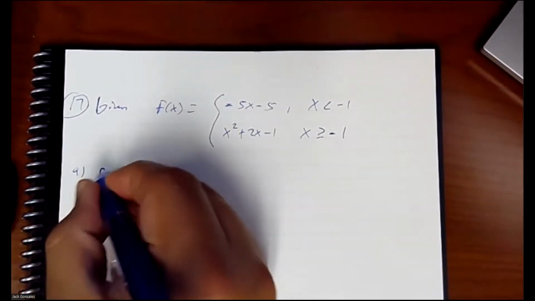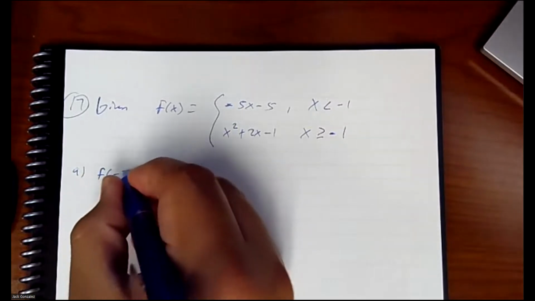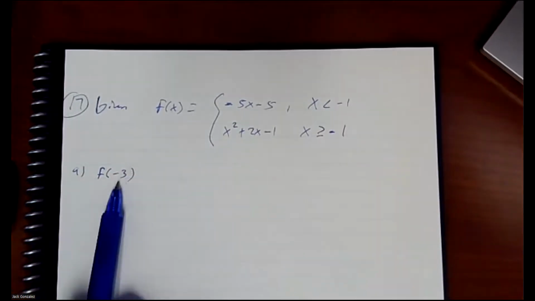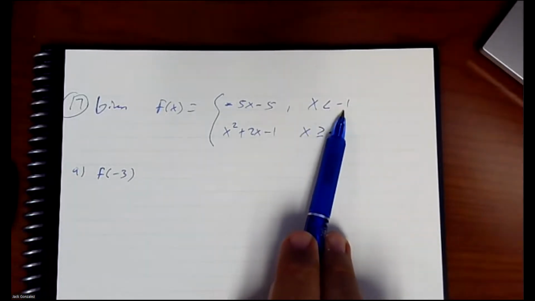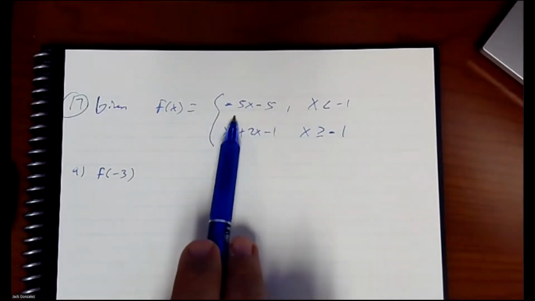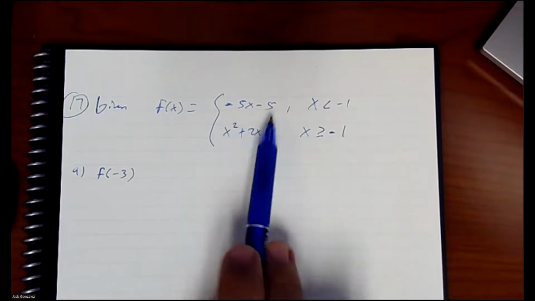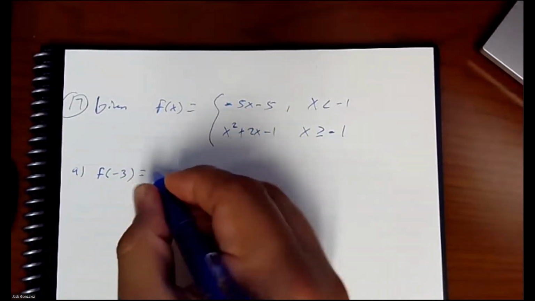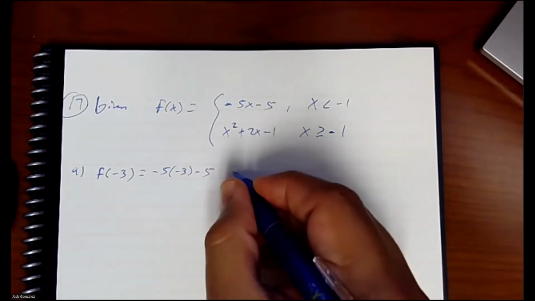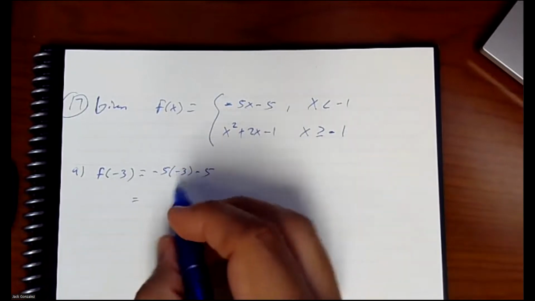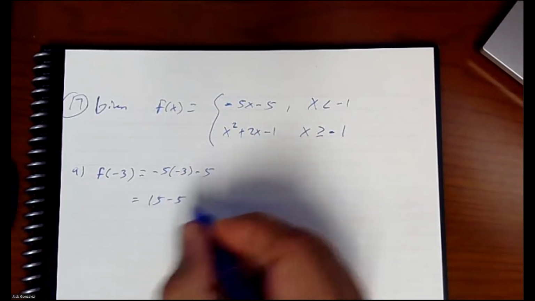Part A says find f of negative 3. So f of negative 3 is obviously below negative 1, right? So you're going to use this top equation. So we'll do negative 5 times negative 3 minus 5. So that will become 15 minus 5, which is a 10.